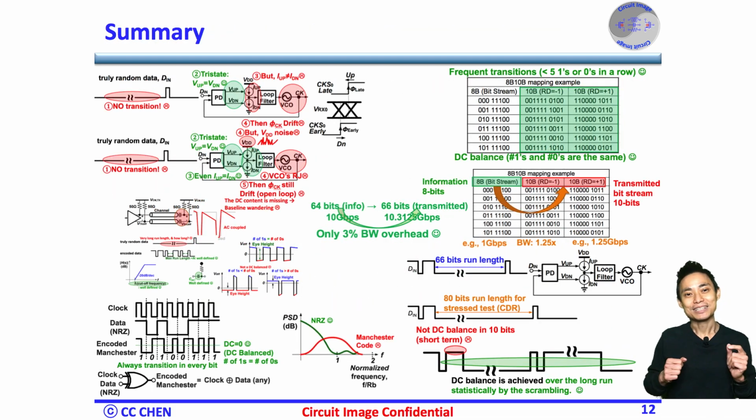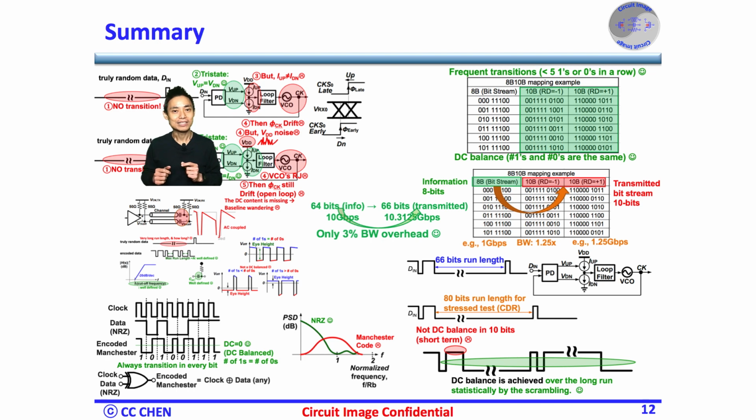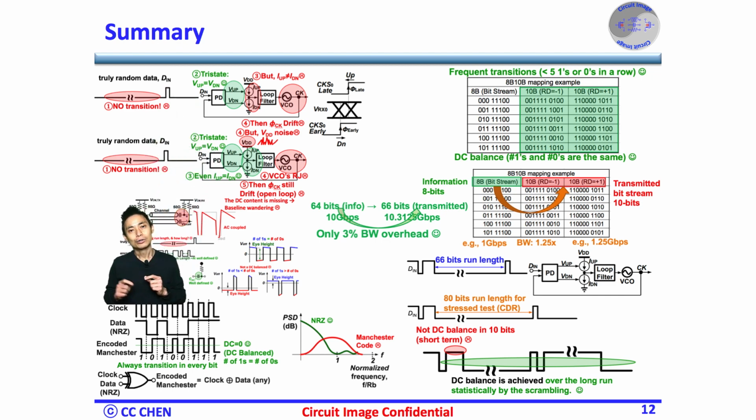Here is a summarized picture of why we need to transmit the encoded data to the SerDes interface. To have the clock data recovery CDR work robustly, we must provide enough data transitions. Furthermore, to avoid DC wandering or offset in an AC-coupled SerDes link, we must provide a bounded disparity in the transition and DC balance data.